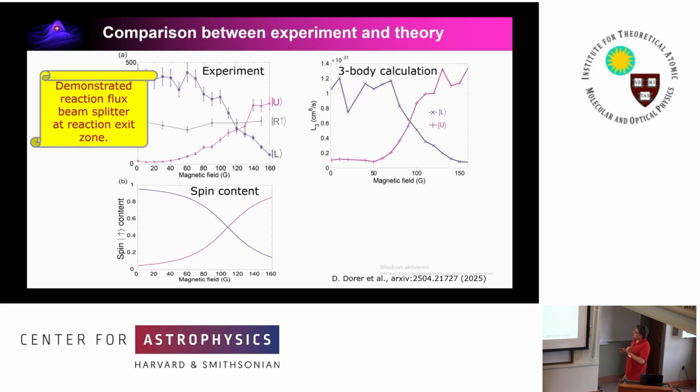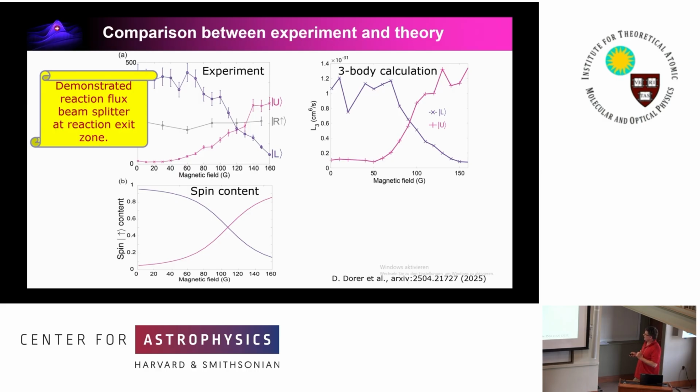You can, by the way, also compare to a full three-body calculation. This is what Jingloon and José have been carrying out. You see qualitatively it's the same thing. By the way, the crossing is a little bit shifted, but that has to do with the fact that they have to simplify these potential energy curves in the model.